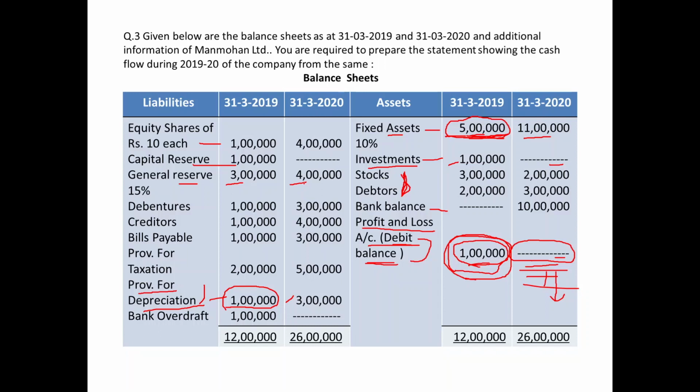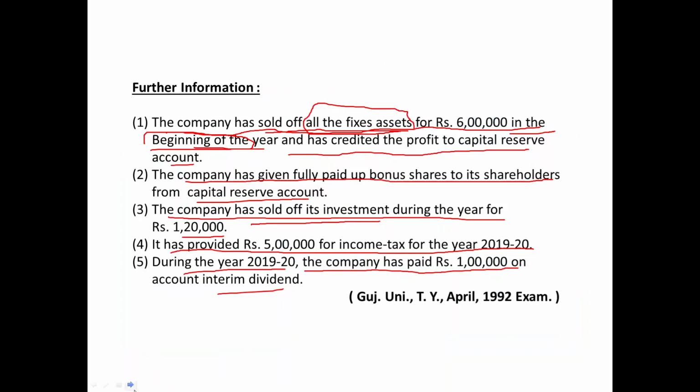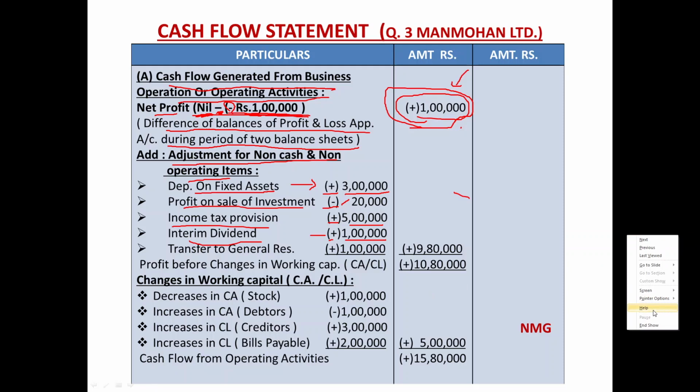By this way, it would have been increased the balance of general reserve. But it is a non-cash item, merely transfer of profit from profit and loss to GR. Being a non-cash item, would be added back under the first title. Let us add back it under the first title. Transfer to general reserve plus 1 lakh.